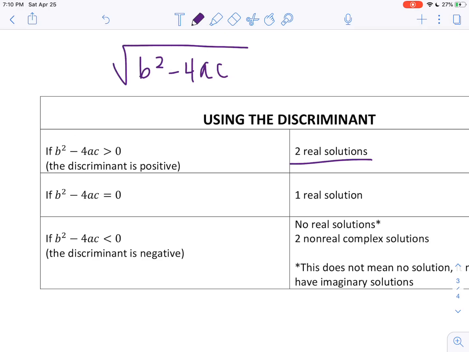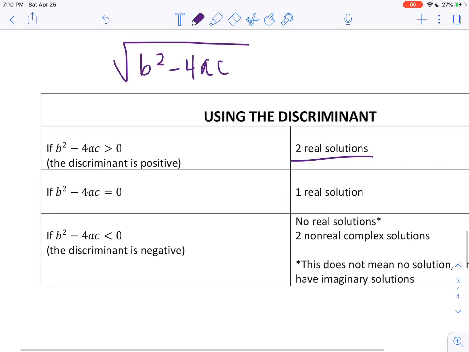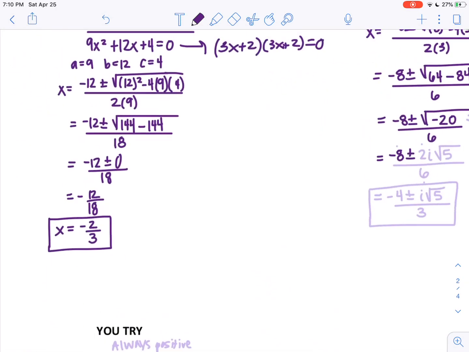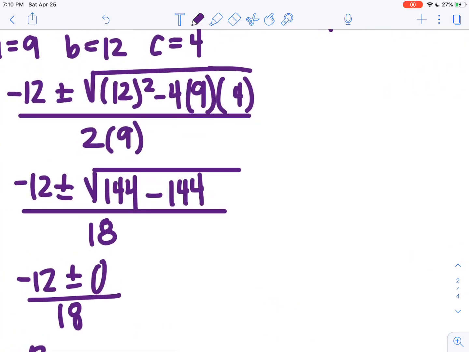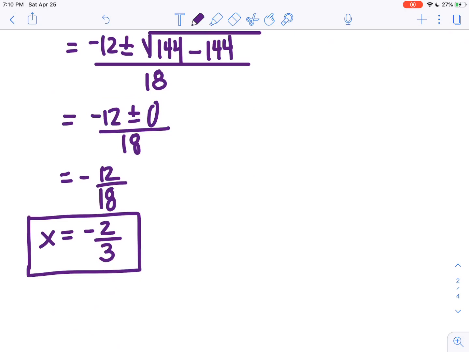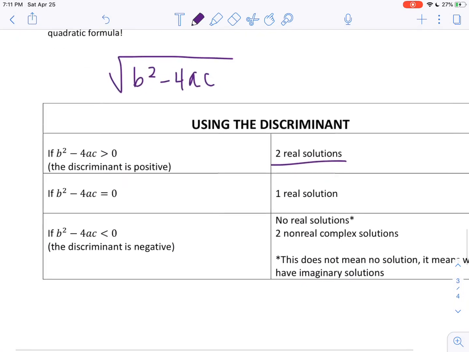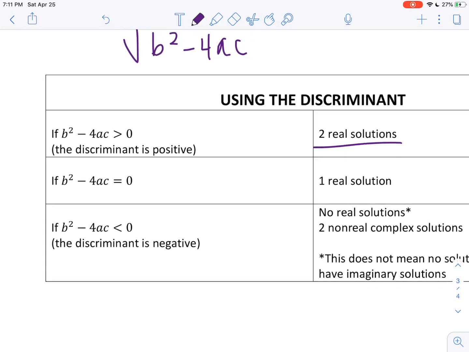So if the inside of your radical ends up being a positive number, you're going to get real solutions. Now, if it ends up equaling 0, which we saw an example, right here, inside of this radical ended up equaling 0. The b squared minus 4ac ended up being 0. What happened? I had one real solution. So if it equals 0, I get one real solution.